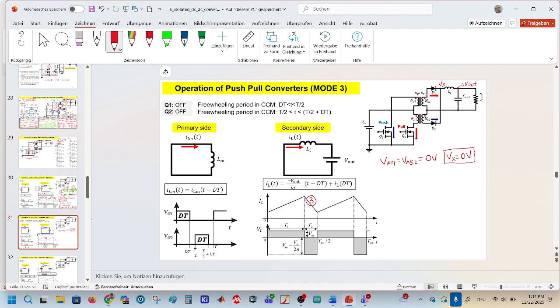The output voltage is bigger than V of X. VLF was the difference between these two voltages, and this was 0 volts.